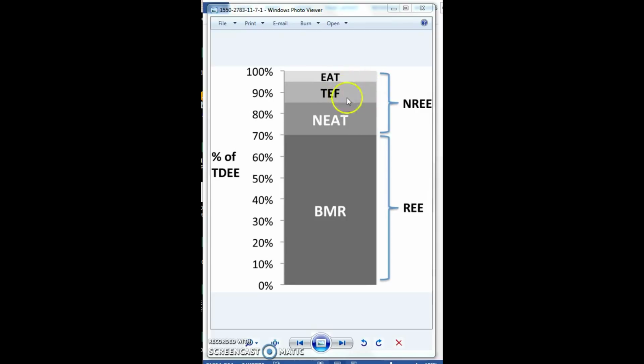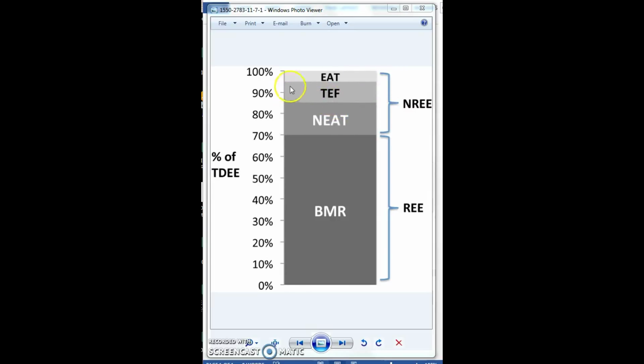Let's say you burn 2,000 calories a day with everything included. 10% of that comes from the digestion of food, or the effect of eating. That's not a whole lot compared to 2,000. So it's really only like 200. But every time you eat, you burn calories.